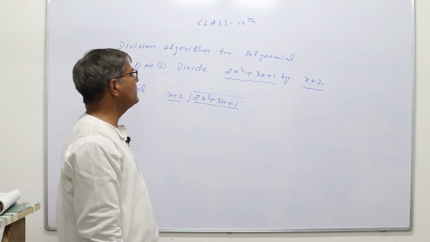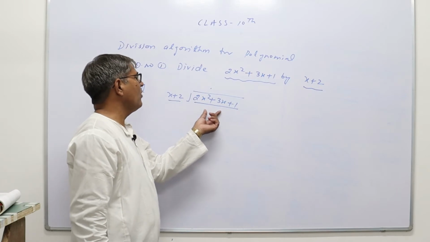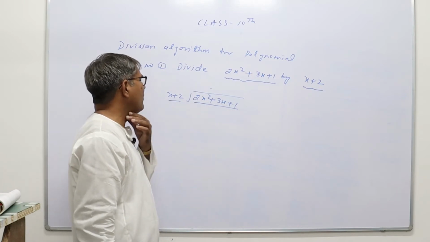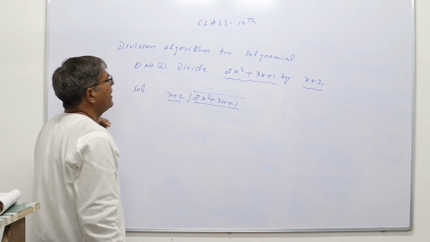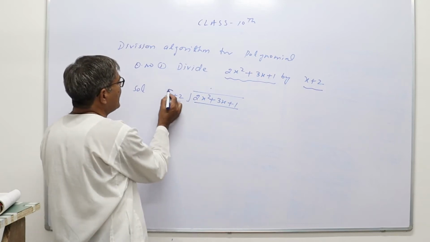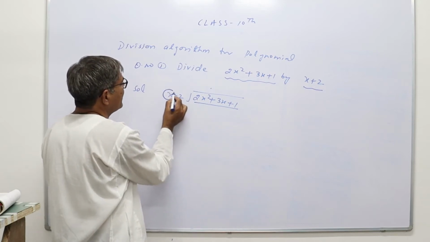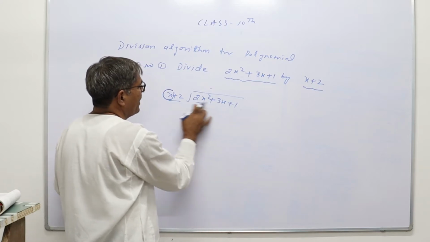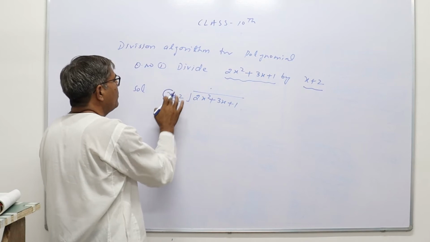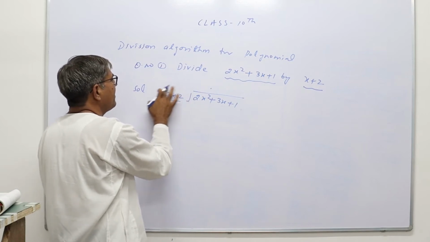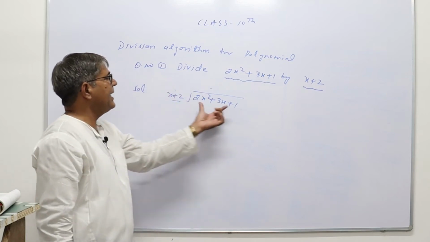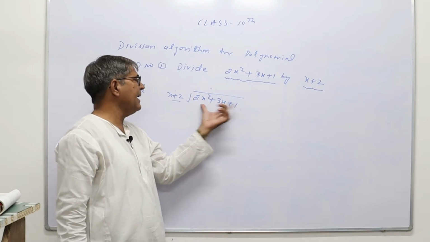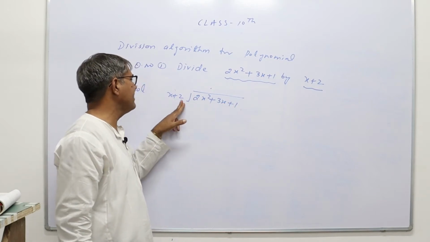How will we divide? To divide one polynomial by another polynomial, first you have to see by what we should multiply the x so that the product is 2x square. We will see the highest degree term of the dividend and the highest degree term of the divisor.